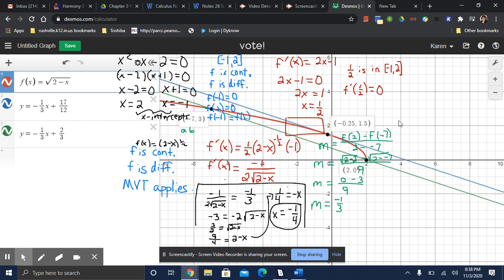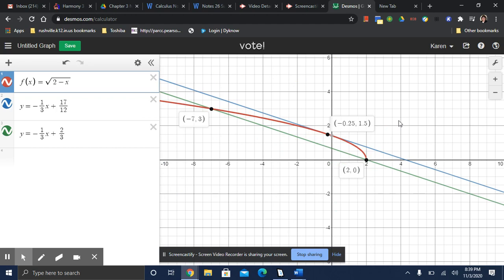And we found out that when x was -1/4, we should have a derivative, so in other words, a slope of a line that would be equal to -1/3. So now I'm going to clear the ink and let you see the graphs.